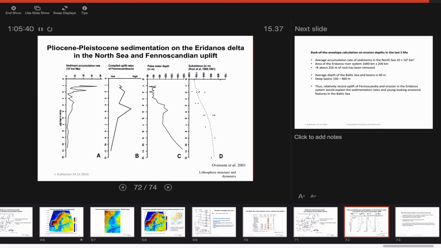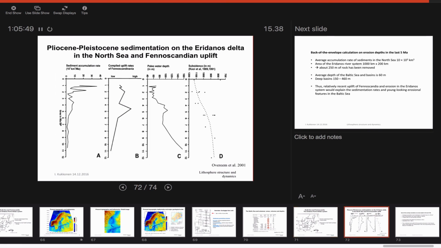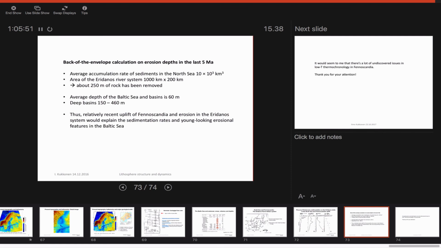Now, this, in a way, it would indicate that indeed there's an enormous deposition taking place in the last 10 million years and less. And we can make a simple calculation.